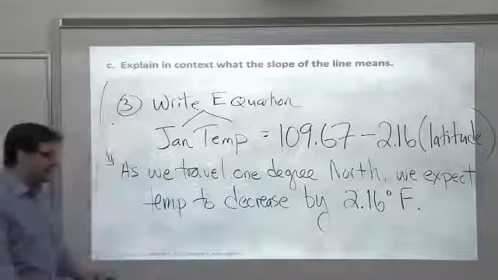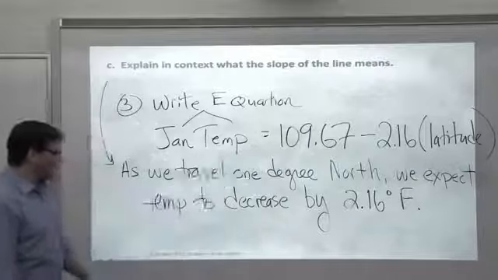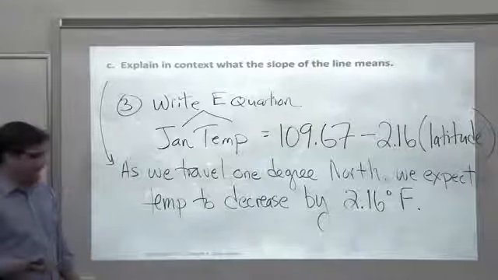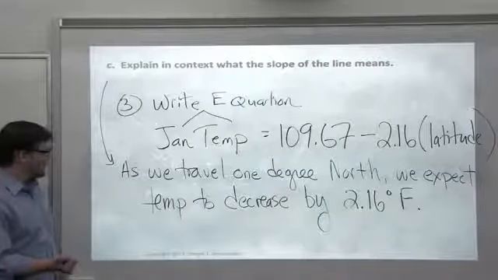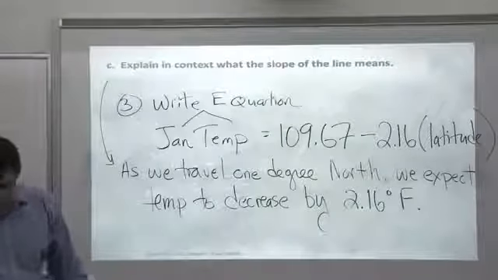It's in context, and it has to be. Put the units. I'm traveling 1 degree north. Temperature is expected to decrease by 2.16 degrees Fahrenheit. All right, so that was C. We'll move on to D.